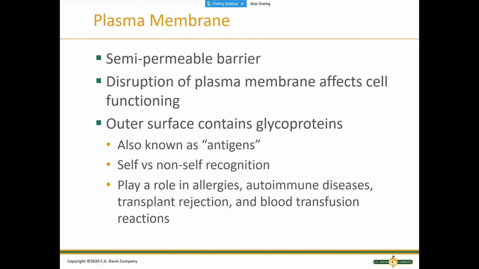What's really happening is your own white blood cells are attacking your own lungs, attacking your lung tissue. So antigens are very important for the immune system to recognize what is you and what is foreign.